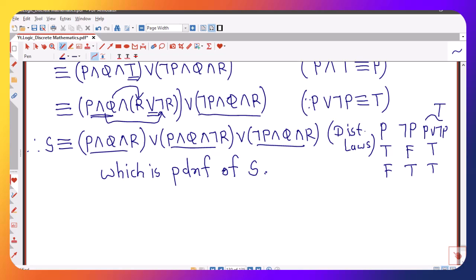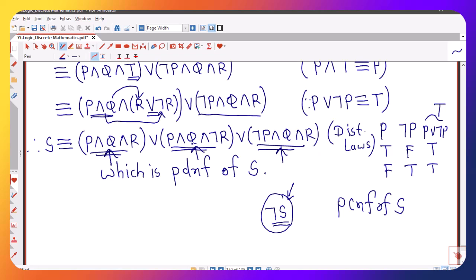Now we want to write down the principal conjunctive normal form of S also using this. So for that, first we will write down the principal disjunctive normal form of negation S. Now the principal disjunctive normal form of negation S will be equal to the disjunction of those min terms which are not used here.